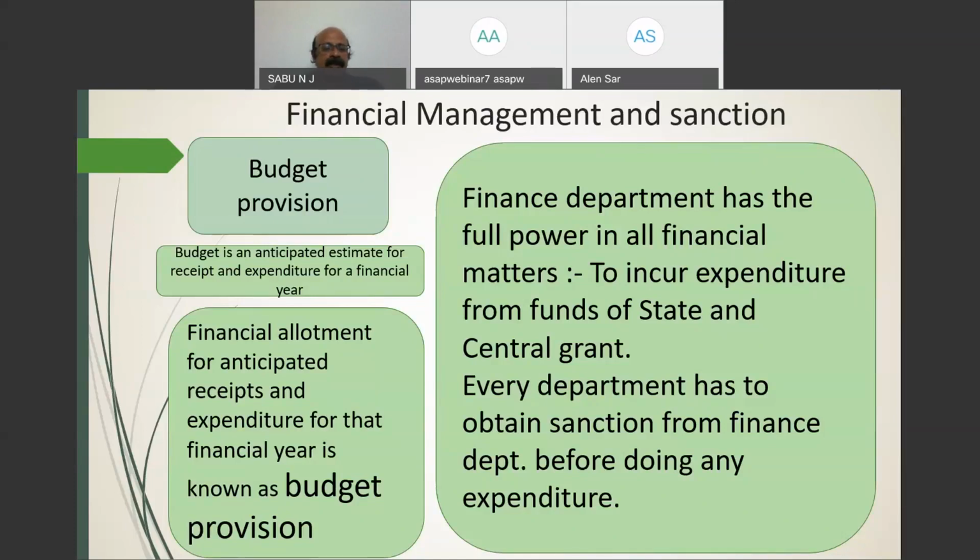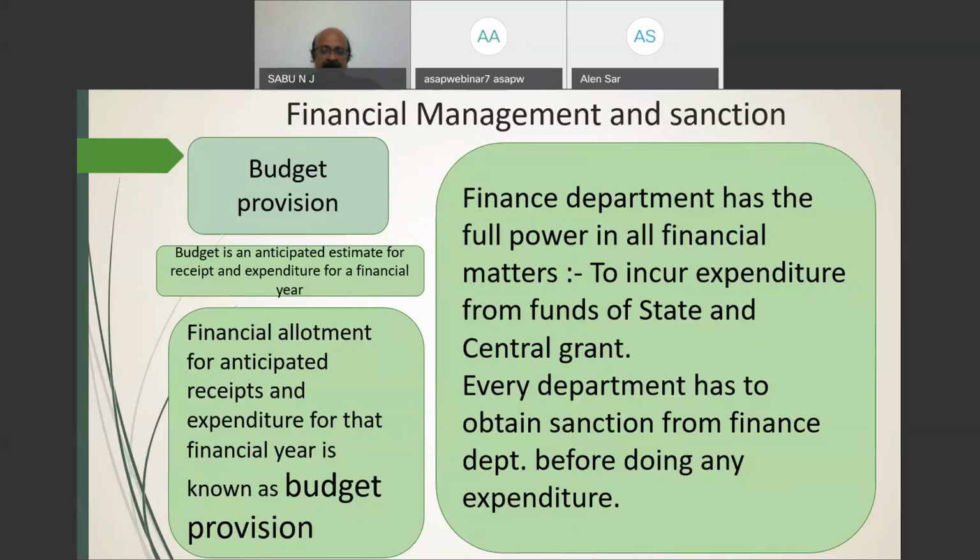So what is a budget provision? Budget provision means an allocation of funds. That means a financial allotment for anticipated receipts and expenditure for that financial year. It is known as budget provision. That means no project can be carried out without a budget provision.